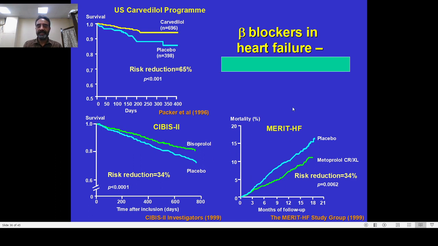On the right hand side, this is the graph showing mortality. Mortality with metoprolol, which is a beta blocker, is shown over here as compared to placebo. So percent mortality is reduced. So a proven benefit is there.